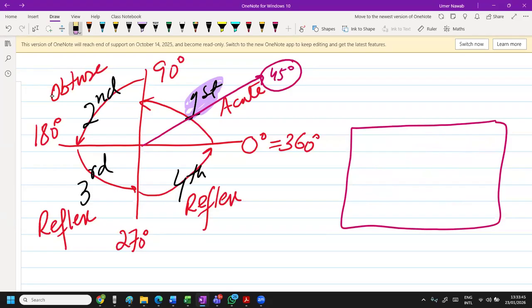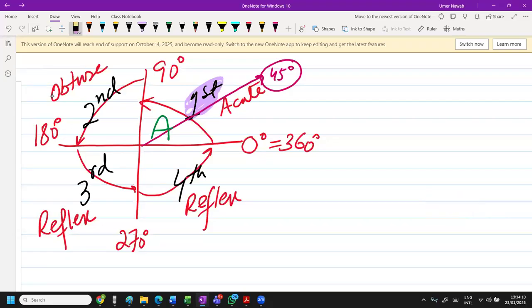That's why I must say in the first quadrant, all positive. That's why I will write it here A. A stands for all trigonometric functions. They will give you positive answers for any acute angle.